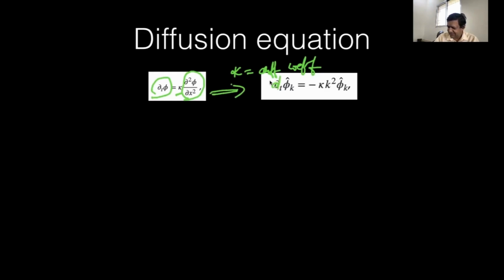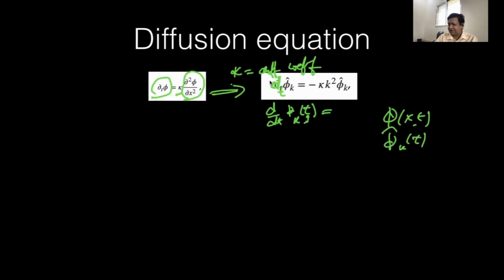There are of course lots of wave numbers, and for every wave number the left hand side is d by dt of phi k, which is a function of time, and the right hand side is minus kappa k squared phi k. Now k is discrete, so we don't put k as a continuum variable like we put for phi x t. In Fourier space, it is phi k.